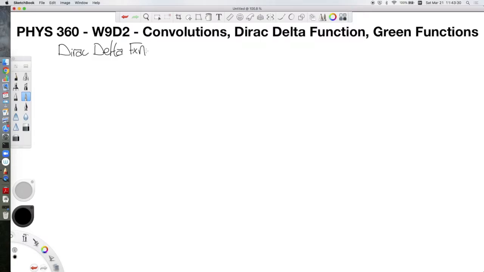The next thing we're going to talk about is the Dirac Delta function. The Dirac Delta function is useful when you have impulse forces, or forces that act effectively "instantaneously."